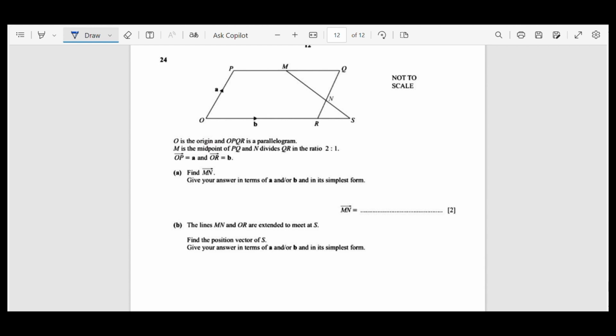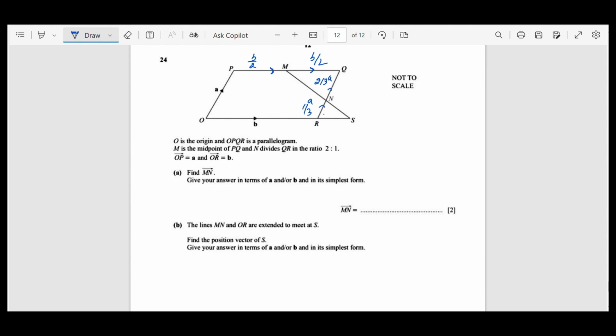So first let's describe all the lengths. M is the midpoint, so the direction will be this, because it is a parallelogram. M is the midpoint, so this will be B by 2, and this will also be B by 2. Now this is ratio 2 to 1, so this will be 1 by 3 A, and this is 2 by 3 A, right? We need to find the vector MN.